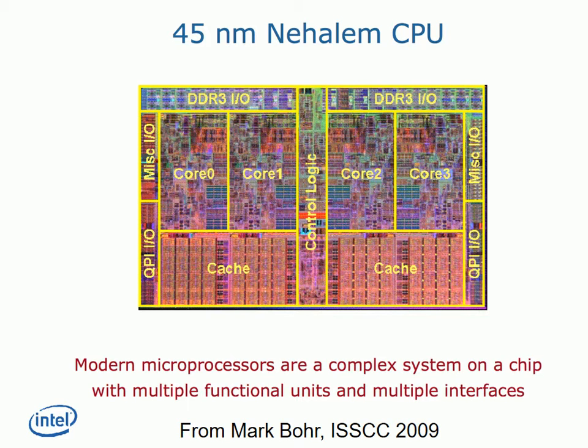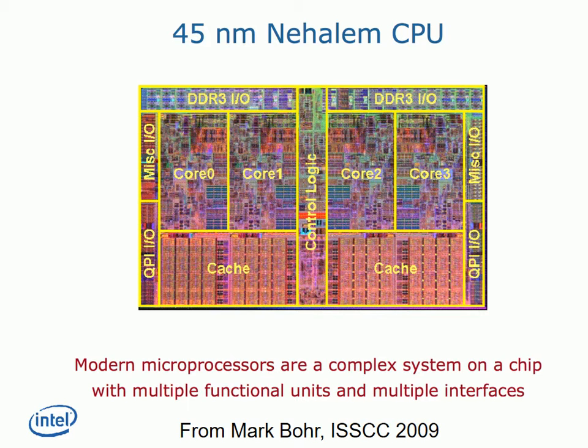You have a lot of things that traditionally were out of the chip that now are integrated. In this case, for example, you have 4 cores, core 0 to core 3. Then you have a very large cache. Today, almost half the total area of a chip is level 3 cache. Almost half the total area.